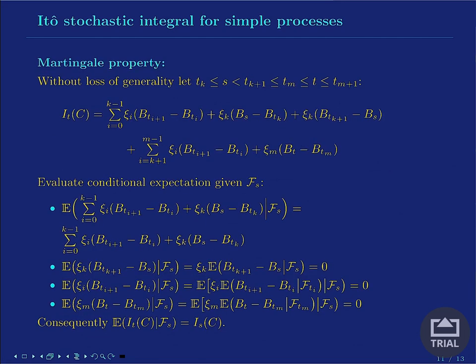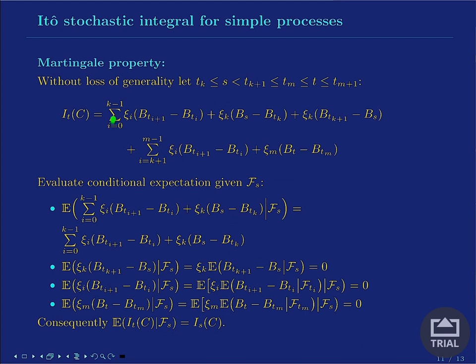Now coming to the martingale property, let's assume that s is a time point between tk and tk plus 1, and t is between time tm and tm plus 1. So we can write our integral I of c at t in the following way.